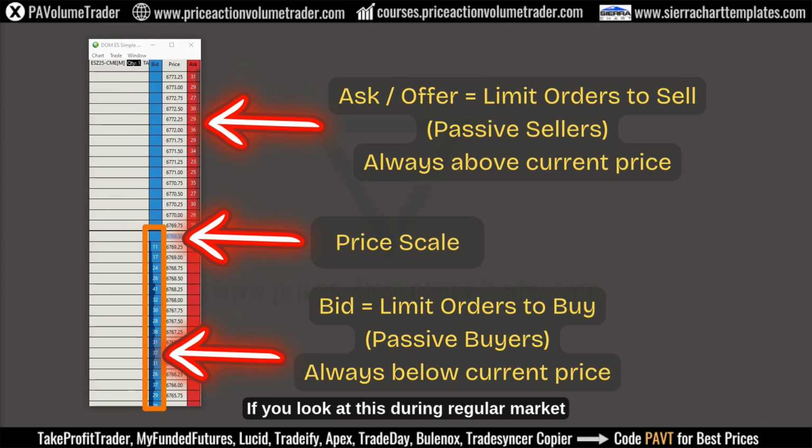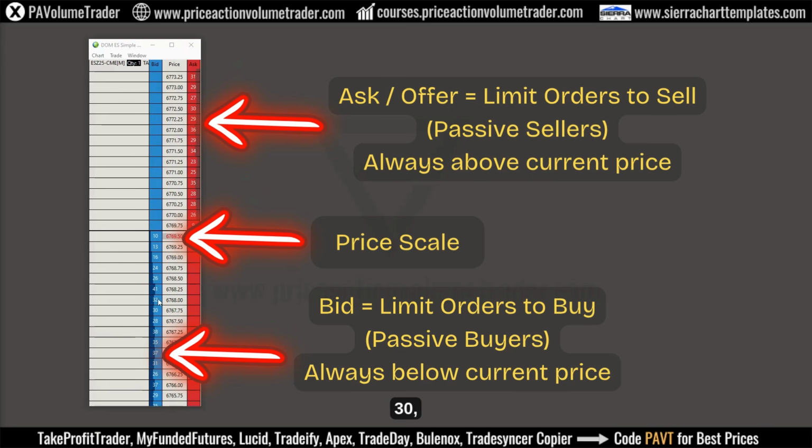If you look at this during regular market hours in New York, you're sometimes going to have hundreds of orders at every price level. Right now, the average is probably like 30, 35 orders.